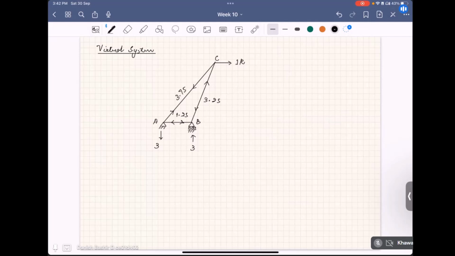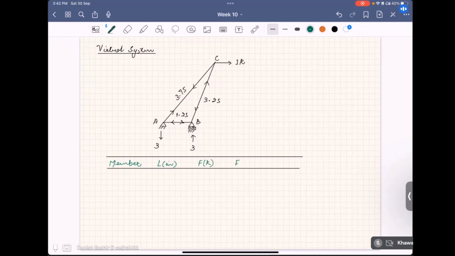Okay. So I will make a table for this. So I will have a table like this. In the first column, I will write member. I will also write the length of member in inches, and what is the real member force developed in them in the real system, that is denoted by F, that you already know.